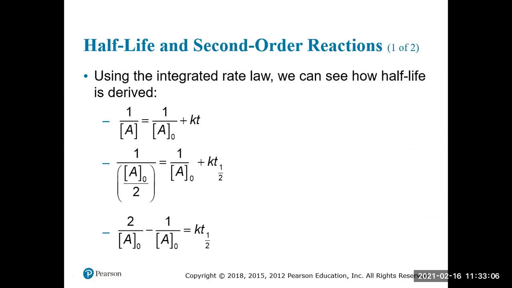So let's take a look at the rearranging for the second order to see how that impacts the half-life, kind of like what we did on the first order. Once again, we take our line equation approach, y equals mx plus b, and start rearranging.